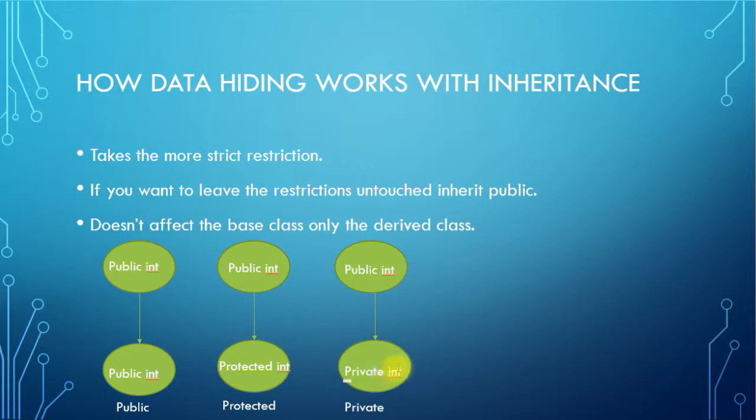So it takes the more strict restriction when you specify how you want it to be inherited. But remember, it does not affect the base class. It only affects the derived class. And I know that might sound a bit confusing, but once we write it in code, it will become pretty clear.